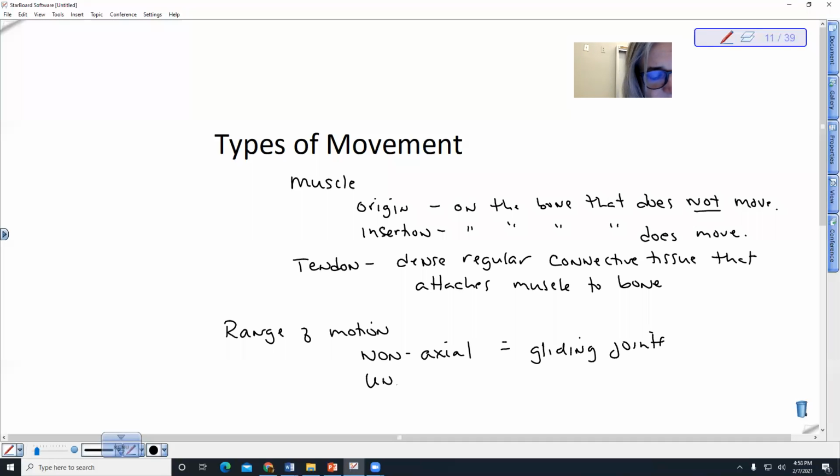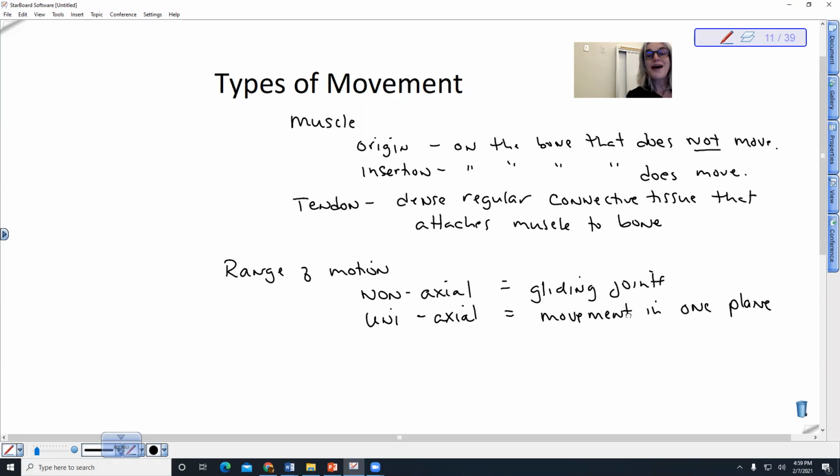Then we have uniaxial. So this is moving in one plane. We have biaxial joints. So this is movement in two planes.